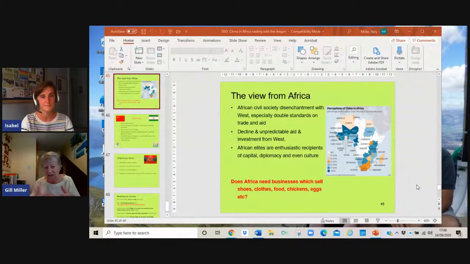The US is really increasingly inward looking. And even if the US is wanting to invest in African countries, it comes with strings because there's much more demand for accountability from the US state.